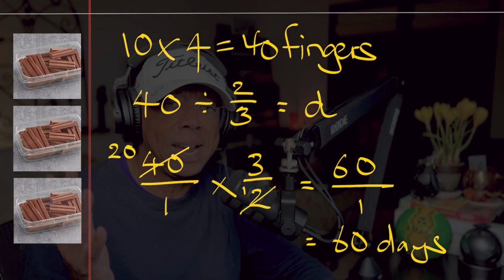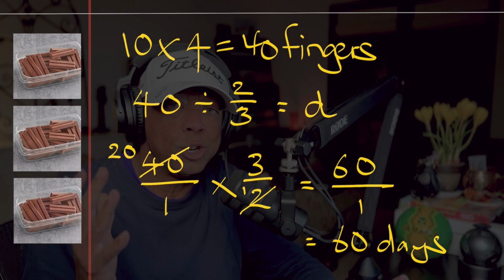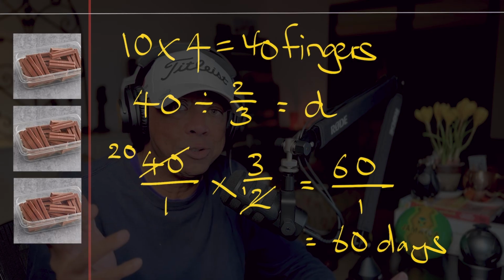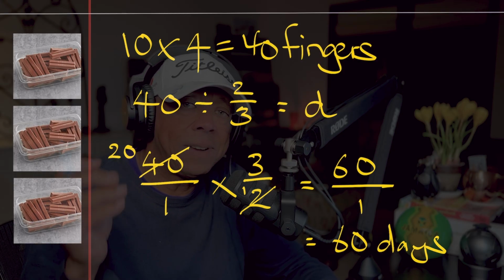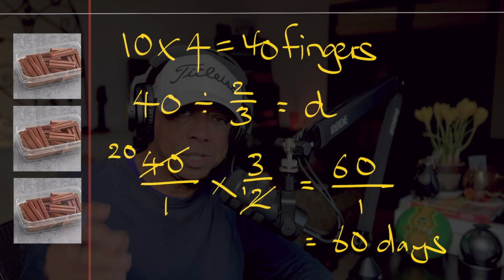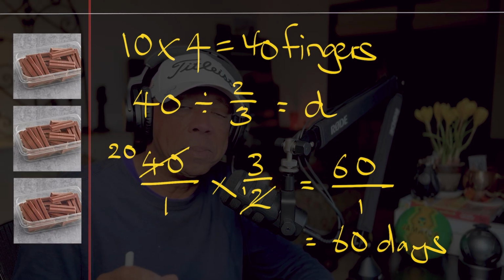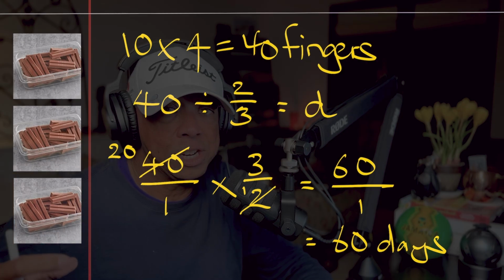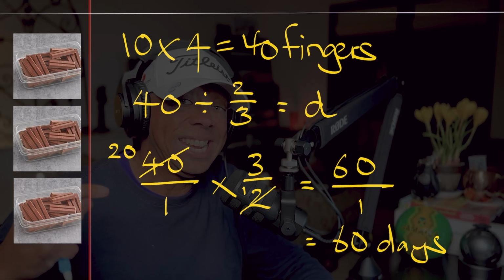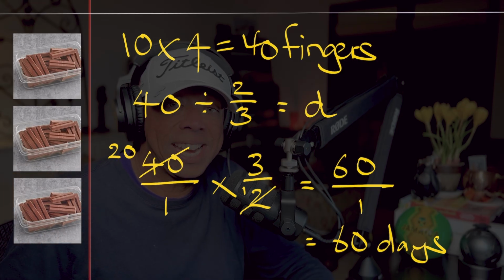I know it seems like magic, but oh my goodness, I could not keep from letting you know that that's the fastest mathematical procedure that we can use to go from a whole number divided by a fraction. I multiply by the inverse, simplify, and that gives me the total.